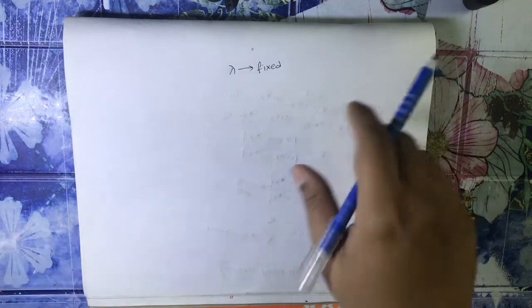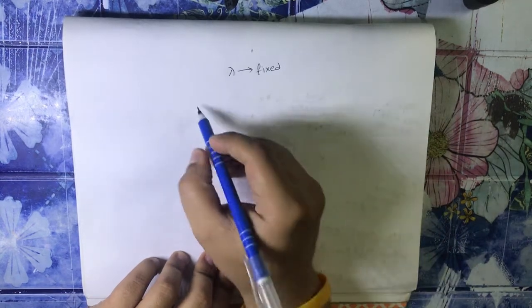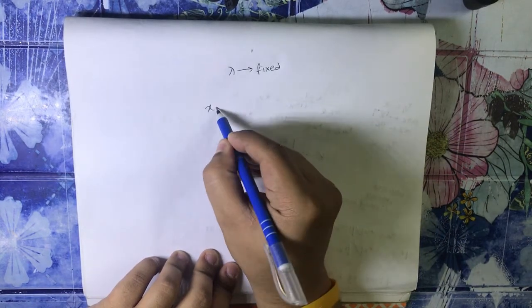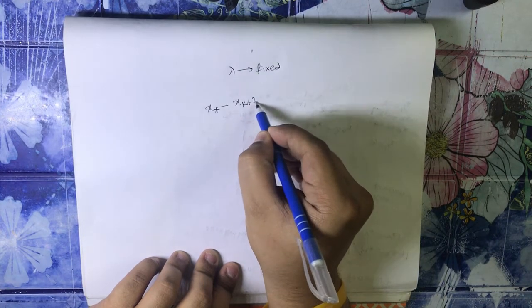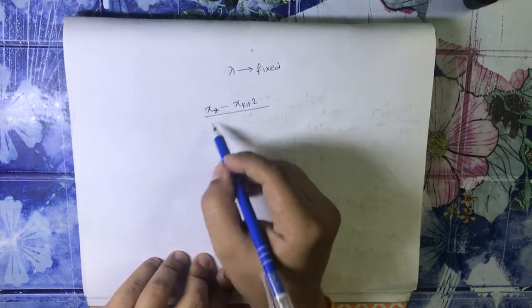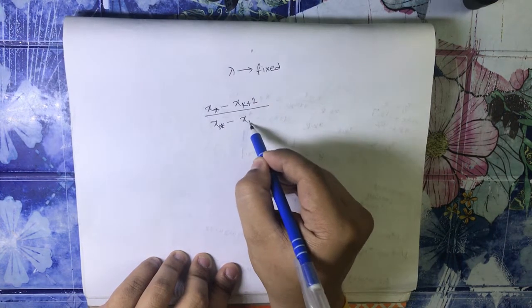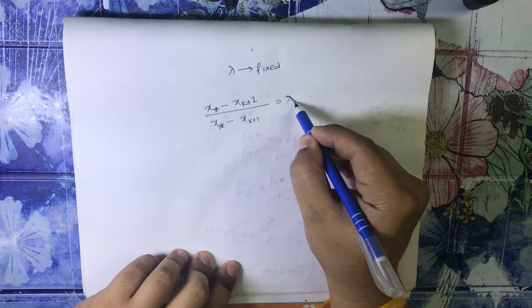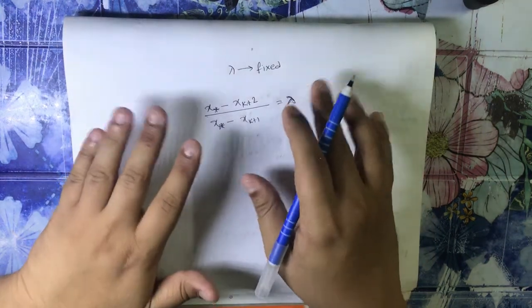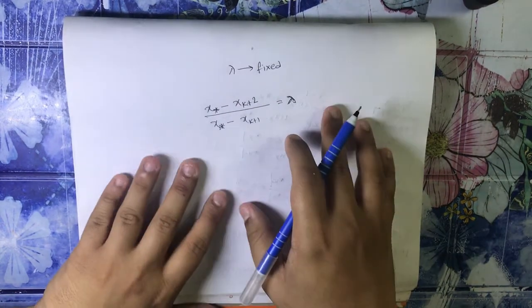All right. So if my value of lambda is not fixed, let's assume that x star minus xk plus 2 divided by x star minus xk plus 1 is equal to some lambda, not the exact value of lambda, just some lambda.